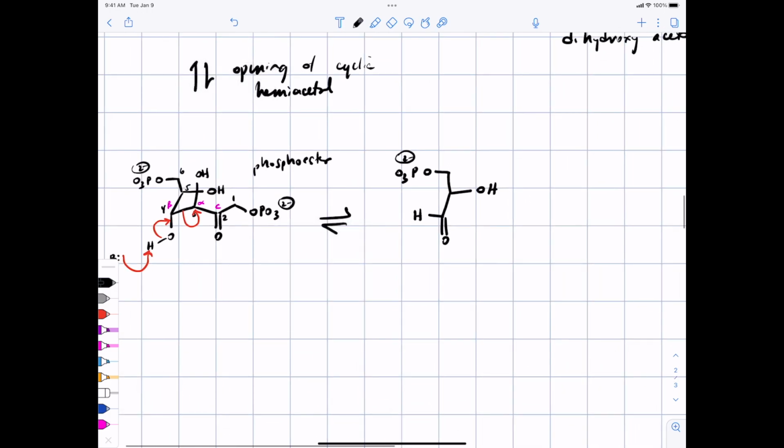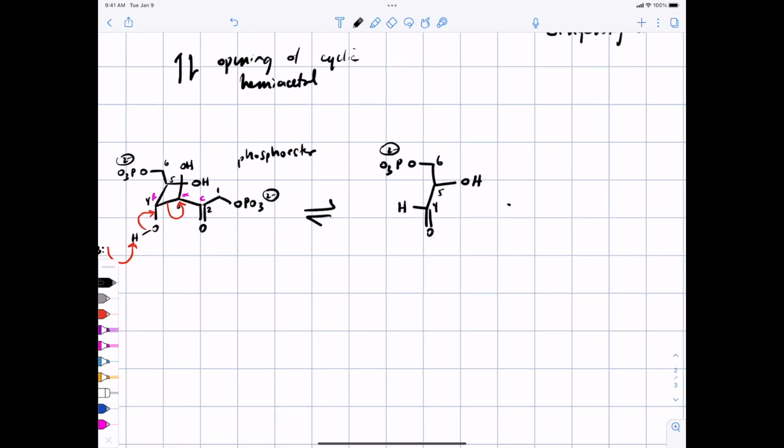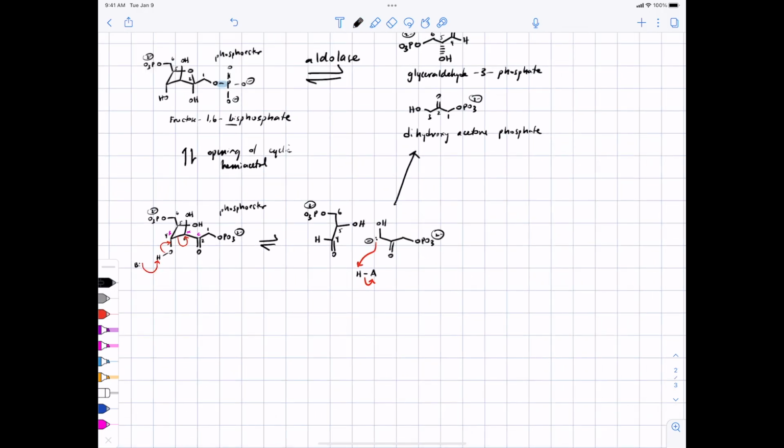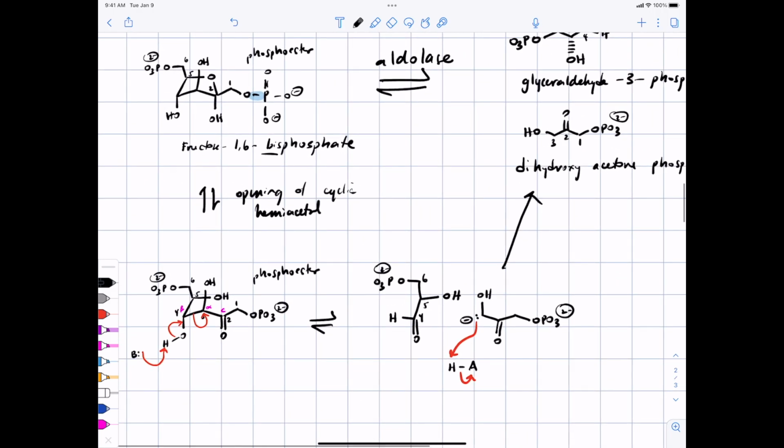So there's my new aldehyde involving carbons 4, 5, and 6 of the starting material. Over here now, I have my enolate, which can pick up a proton from some group in the enzyme. We don't really care what it is at this point, and those are my two products. Okay, retroaldol reaction.